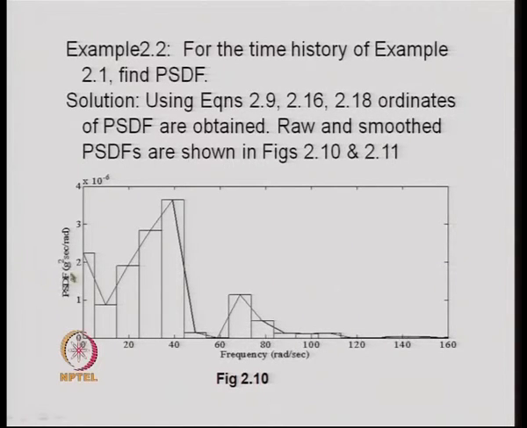Now, this can be made smooth by some smoothing technique, but if I add up all these histograms, the area would be equal to the mean square value.